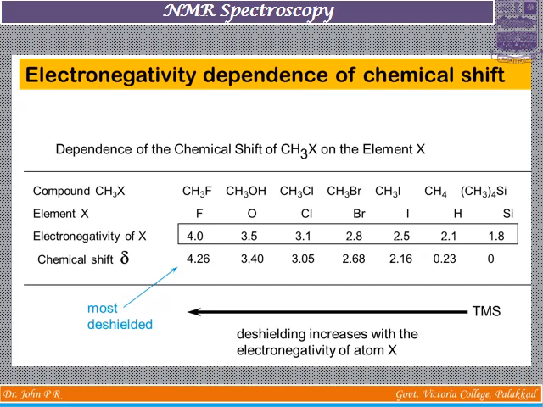See the given chart. Let us consider the model compounds CH3X, where X stands for different electronegative elements. If you put X as fluorine, the most electronegative element, the chemical shift value of those CH3 hydrogens is nearly 4.26. If we change fluorine with oxygen, the value is nearly 3.4.